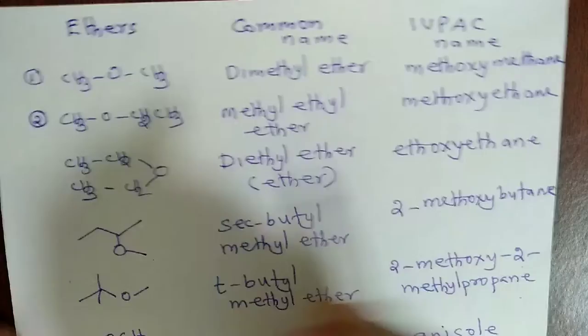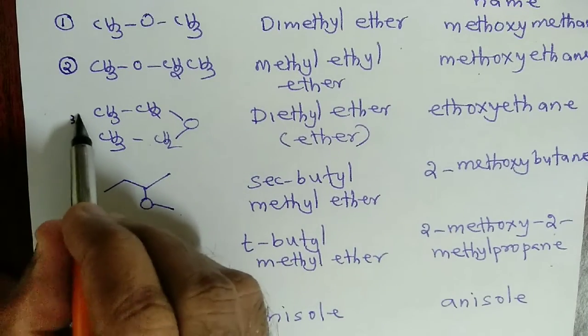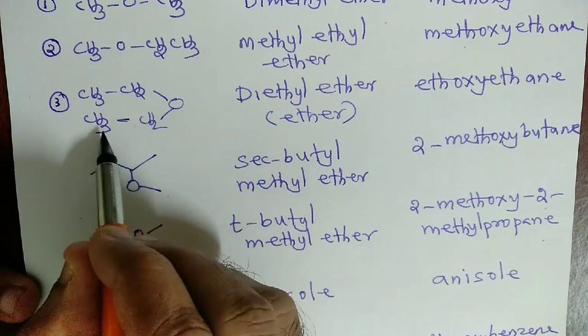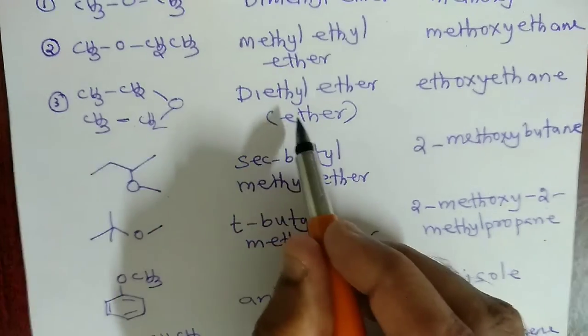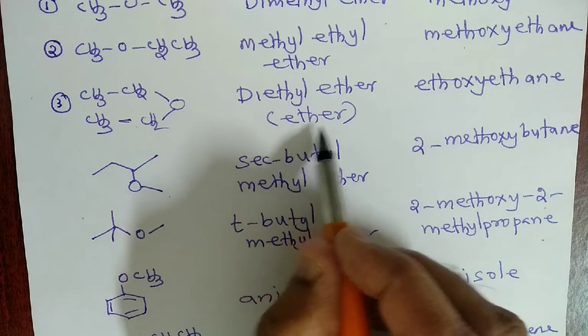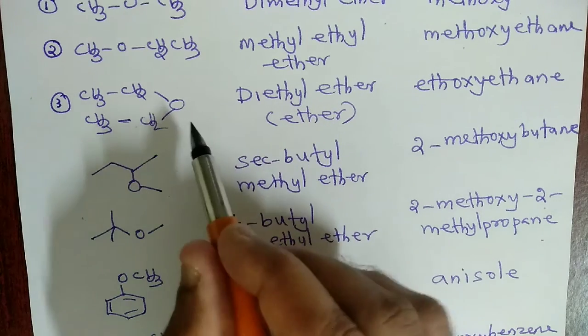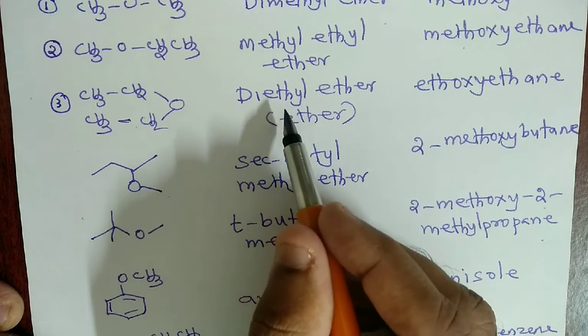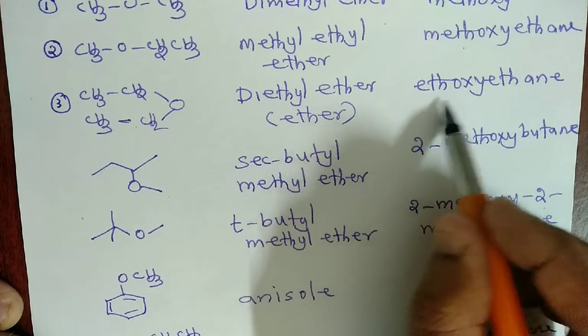IUPAC name methoxyethane. CH3CH2 oxygen CH2CH3. It is a diethyl ether, commonly called ether. It is used as a solvent in a large number of organic reactions. IUPAC name is ethoxyethane.